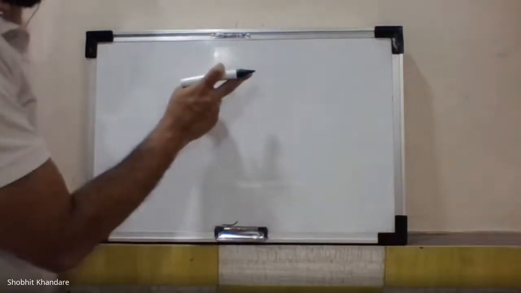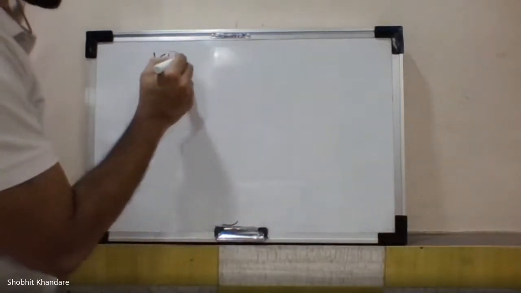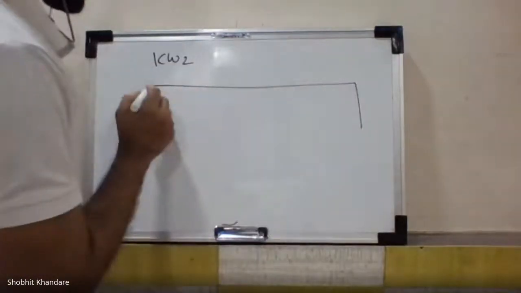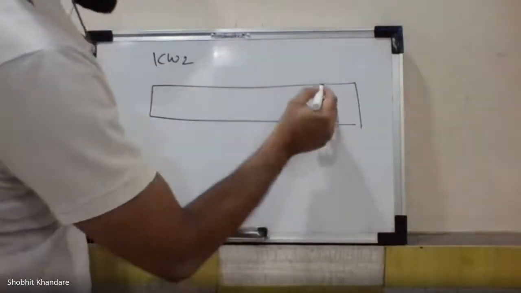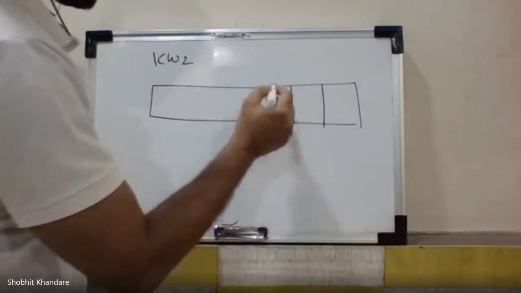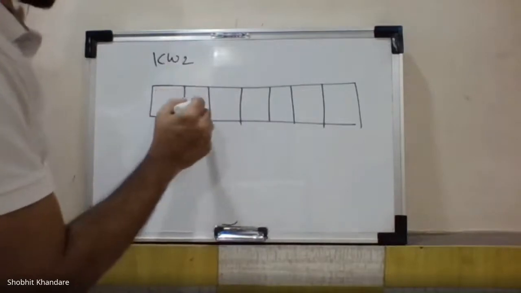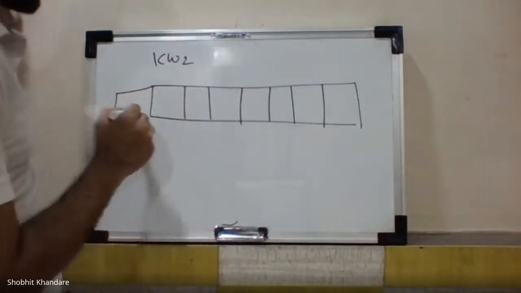पहले हो गया मेरा ICW1, अभी मेरा है ICW2 और इसका फॉर्मेट क्या है? This is important. 1, 2, 3, 4, 5, 6, 7 and 8.